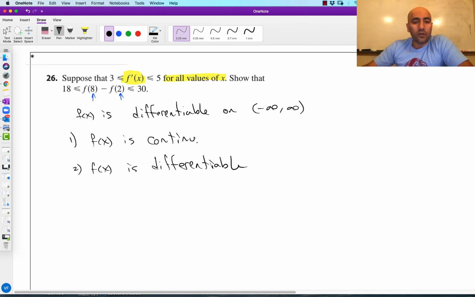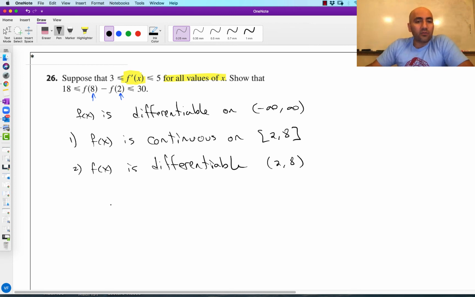So we can use the same little statement to satisfy both conditions of the mean value theorem. f of x is continuous on, and let's just throw in the 2, 8, because that's the one that we're interested in, and differentiable on 2, 8. So the two conditions of the mean value theorem are satisfied.